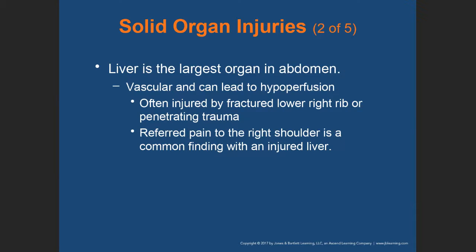Liver is the largest organ in the abdomen. It is vascular and can lead to hypoperfusion, often injured by fractured lower right rib or penetrating trauma. Referred pain to the right shoulder is a common finding with an injured liver.